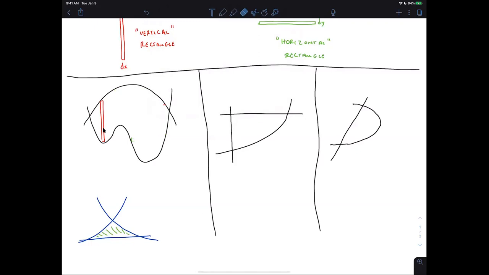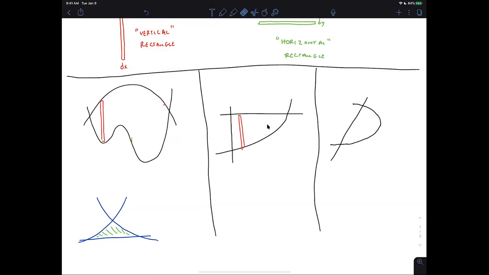On the second region, would a vertical rectangle work well? So if I draw this here, is that functionally the same as if I draw it here? It is. The top is this horizontal line. The bottom is whatever this curve is. Does that make sense to everybody? Okay, so a vertical rectangle works fine.